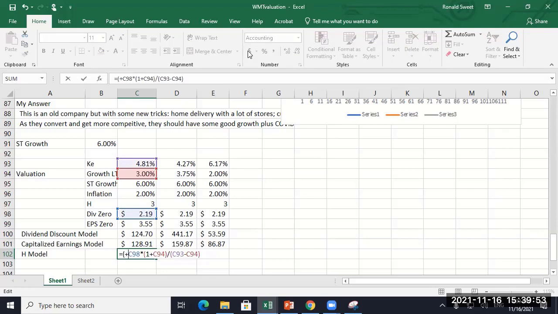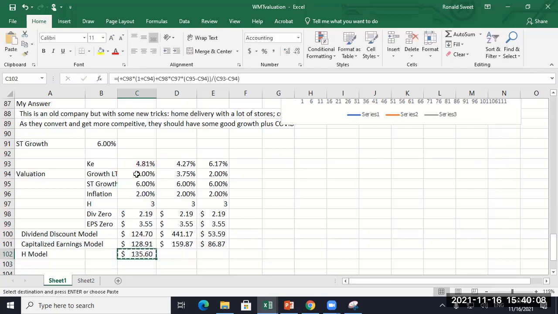But we're going to add that H section in there. So plus dividend 0 times the H times short-term growth minus long-term growth. You just add that section in the middle and you got it. So there's my valuation. And you can get a really wide range. If you get a negative number, you did something wrong. And it's almost always because your KE is lower than your long-term growth.